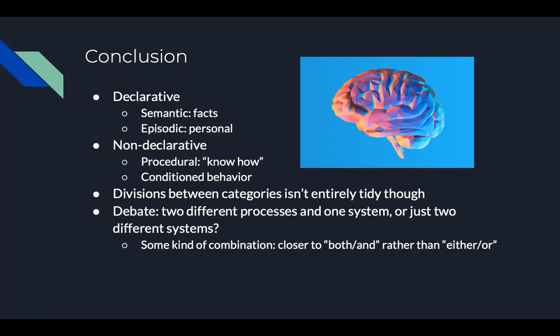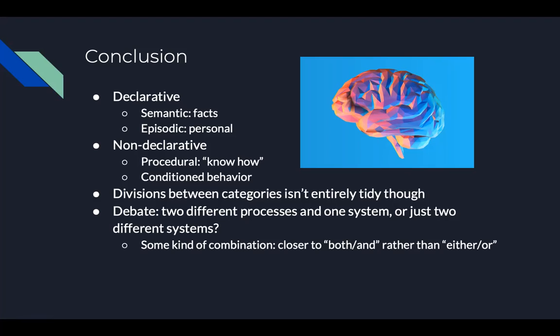And it's important to keep in mind that these are conceptual labels that we use to categorize and make sense of what memory is, but sometimes the divisions between these types of memory aren't as neat as the labels might lead us to believe. Also important to note is the ongoing debate about how declarative and non-declarative memory function.